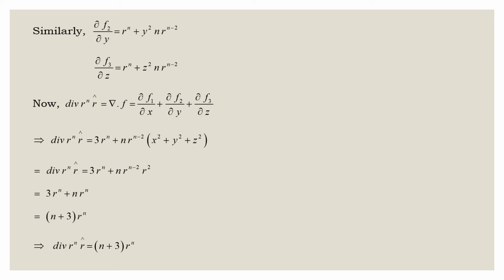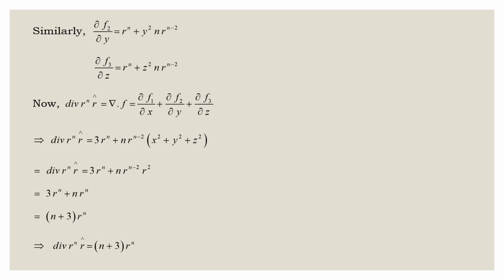If we plug in the value of ∂r/∂y equals y/r, here we get ∂f2/∂y equals r^n plus y n r^(n-1) y/r, which equals r^n plus y² n r^(n-2).